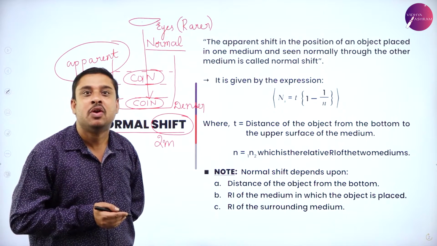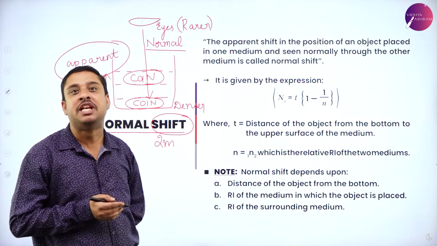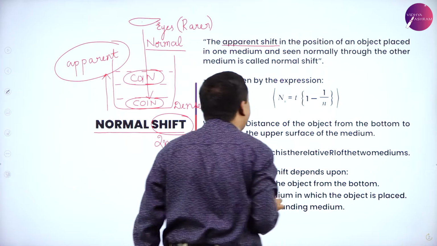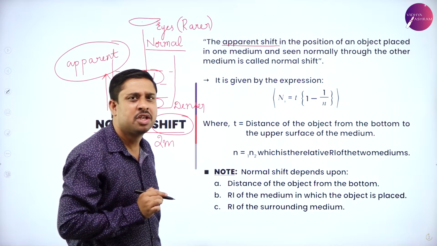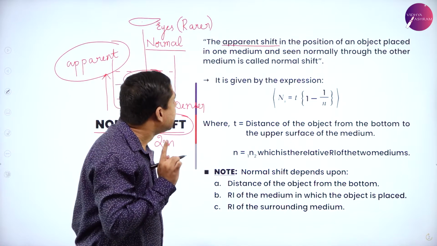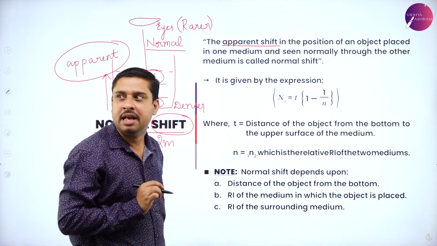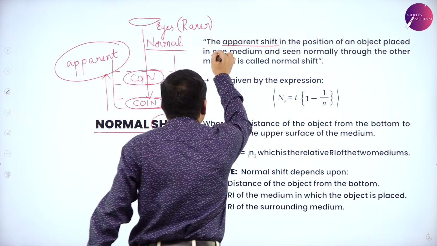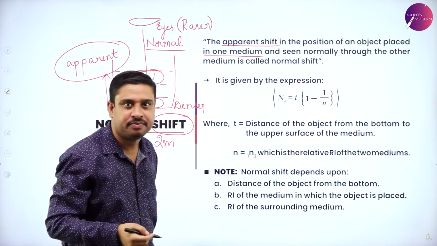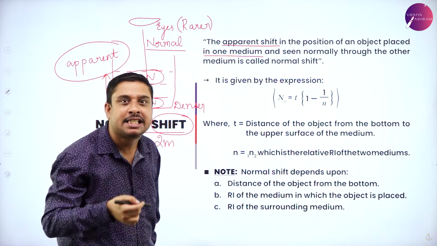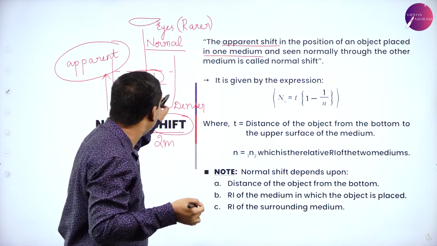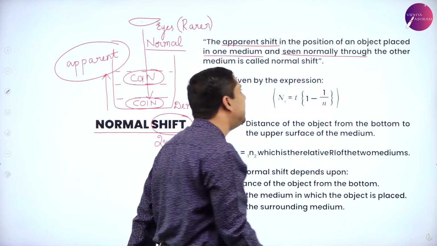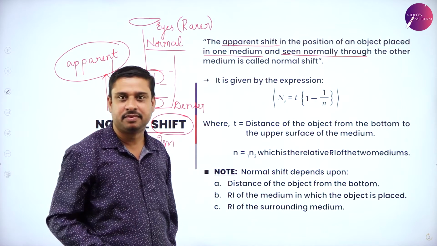So what is normal shift by definition, students? It is the apparent shift, not the true shift. The apparent shift in the position of an object which is placed in one medium and seen normally through the other medium.